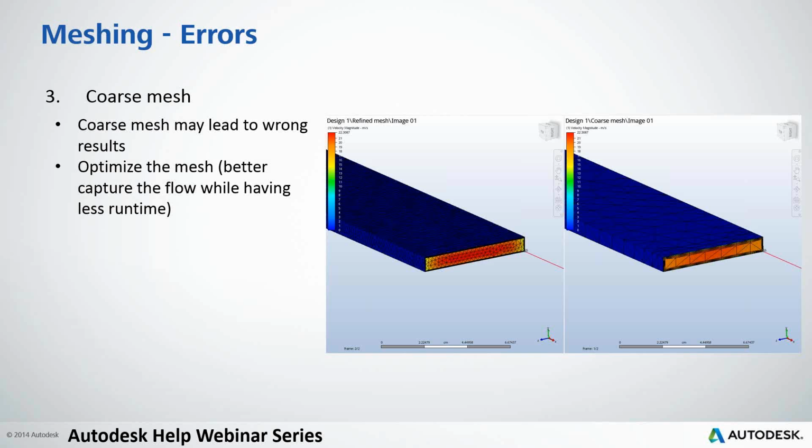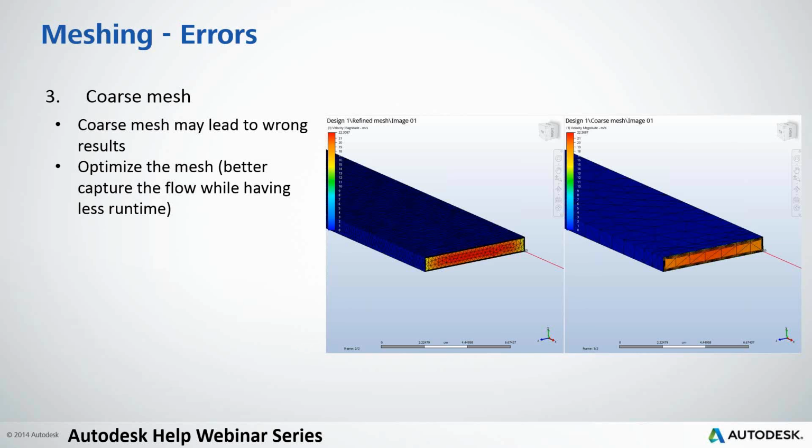So we have to make sure to optimize our mesh in a way that it captures the high gradients of pressure and velocity, and to have less runtime. We actually have a page.